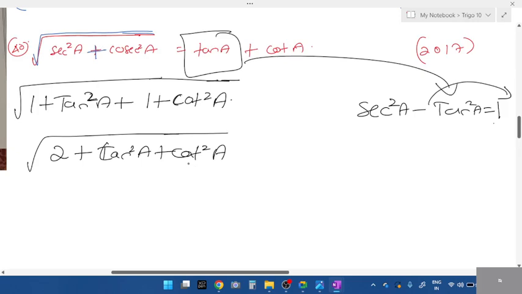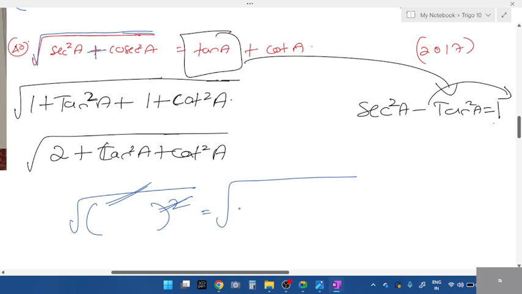Now, whenever tan and cot is given, and there is square, what are the formulas I told you all, students? If you have square here, can we reduce them? So inside a square root, what are the 3 formulas possible? One, a square minus b square is possible, so that you can cancel it. One more thing, what is possible?